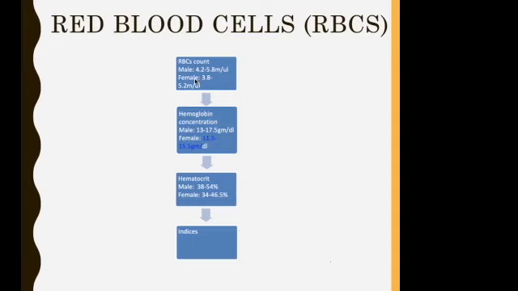Now, I know a lot of people would always look at this and be confused: why is it that females have a lower RBC count than males? Why is it that females have a lower hemoglobin concentration than males? And I've heard a lot of wrong explanations in my day. I've heard a lot of people say, oh, because females have their menstrual periods and this causes blood loss.